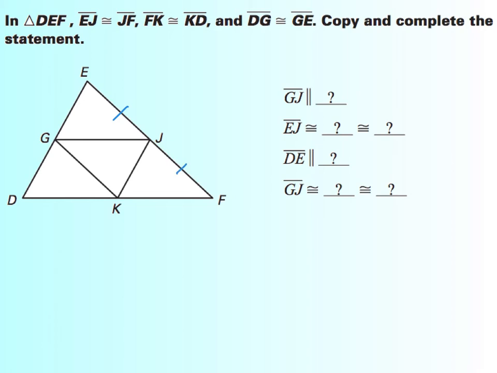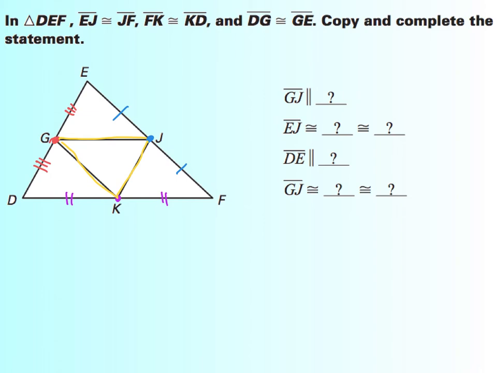Now, if we know that, we can say that this is a midpoint at K, this is a midpoint at G, and this is a midpoint at J, which means that this is a midsegment, this is a midsegment, and that is a midsegment. So all the yellow segments are midsegments.